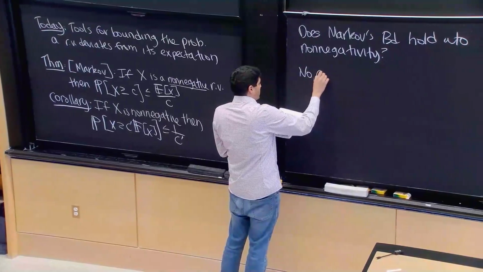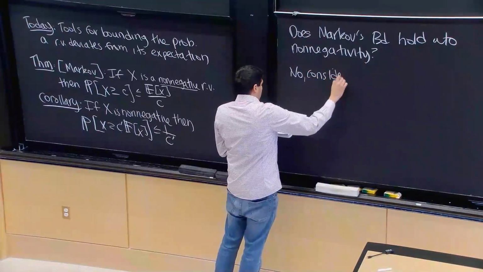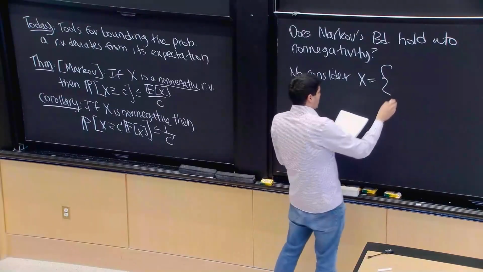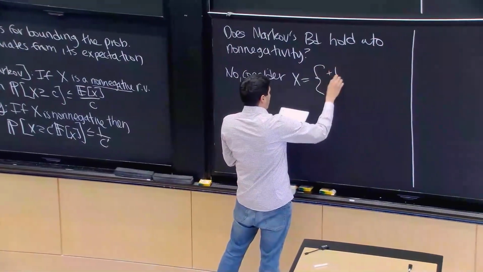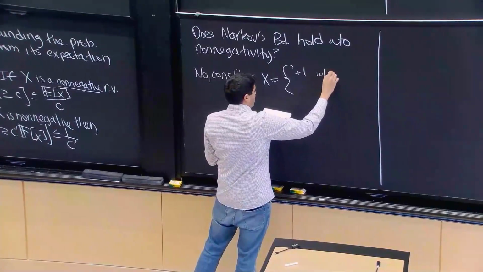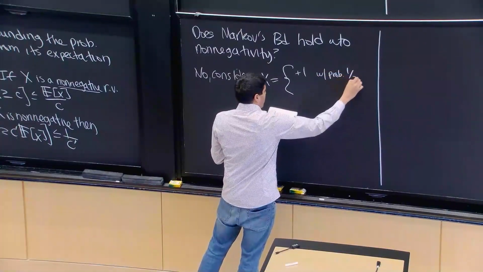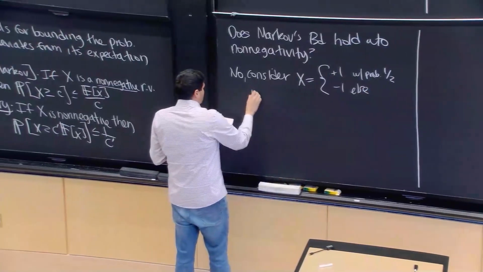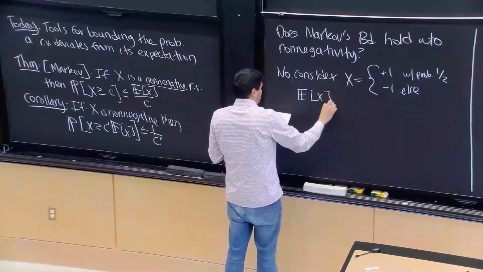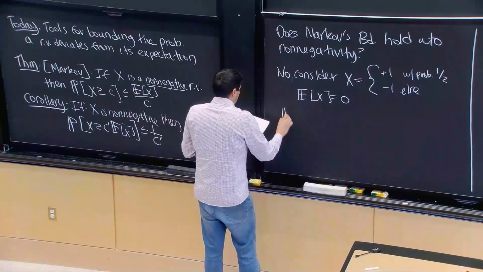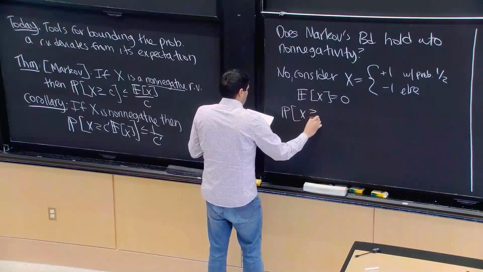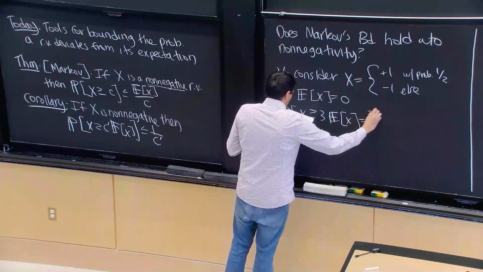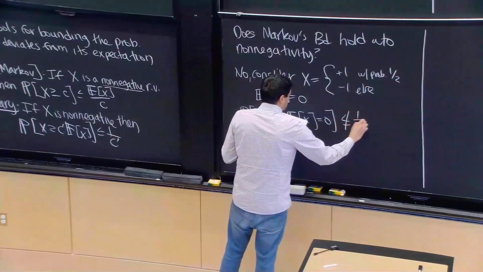Let's just consider some x where the right-hand side doesn't make any sense because the expectation is 0. So what if x is 1 with probability 1/2 and it's -1 otherwise? The trouble is that the expectation of x is equal to 0, but the probability that x is at least 3 times its expectation, which is still 0, is definitely not less than 1/3.